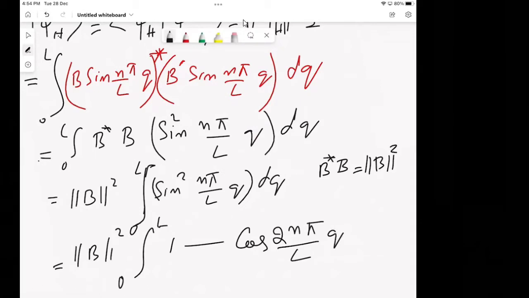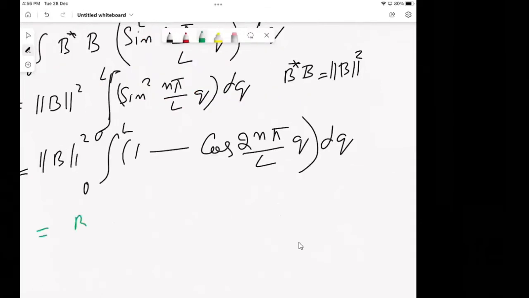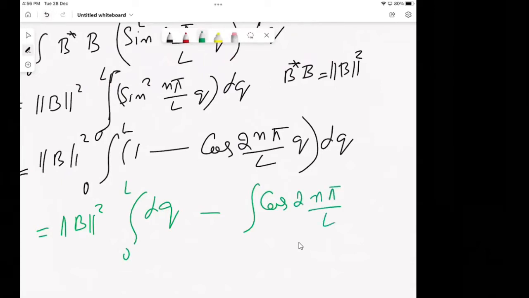May we write it in this way? You will get the integral of 1 minus cos 2n pi over L q dq.